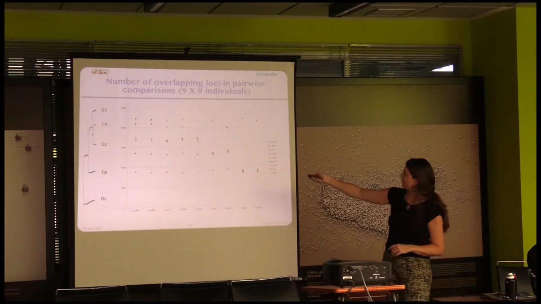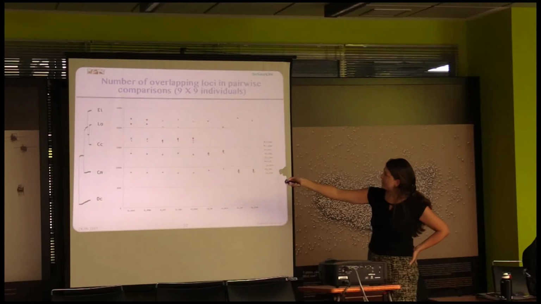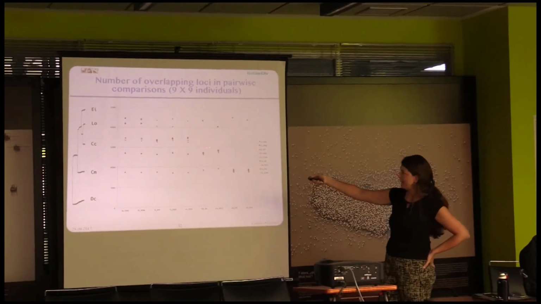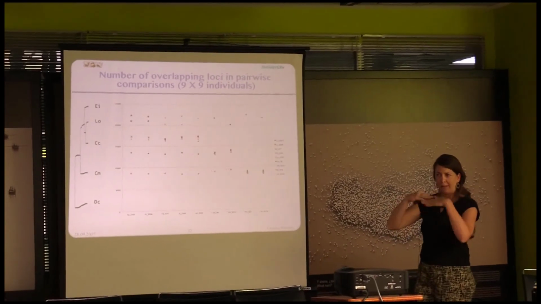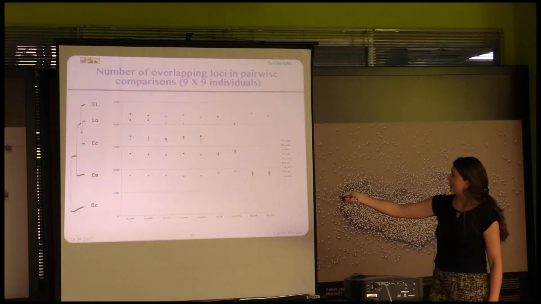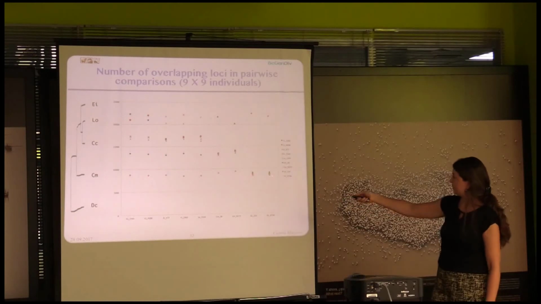And then the rest really coincides with the tree. Here I have all these 3 species. They always cluster together around 17,000, 18,000 loci that overlap, that are homologous. Then I have this one against all these 3. And finally I have the leatherback against all the others.